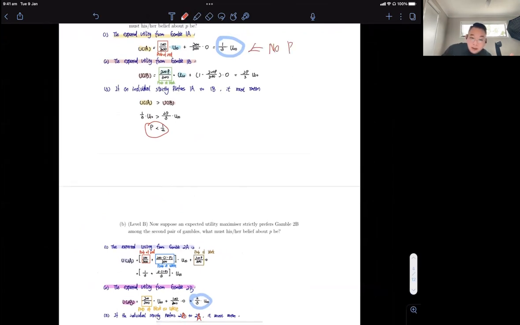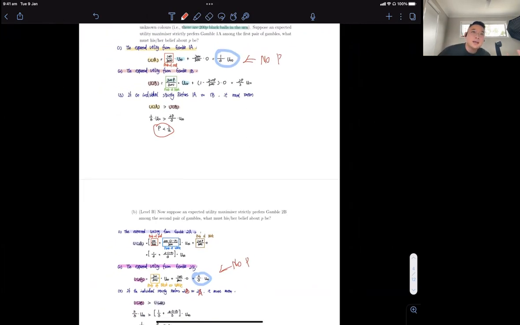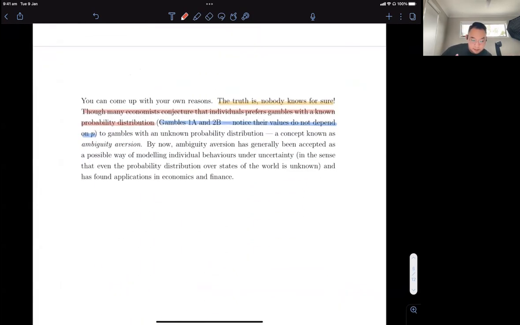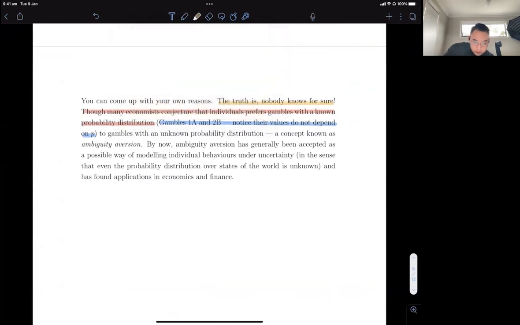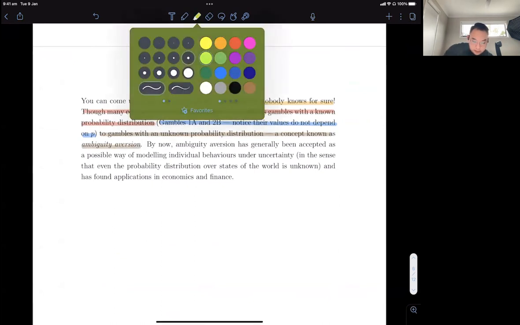No probability of black and white. Probably it is because people prefer certainties over uncertainties, right? So they avoid gambling with an unknown probability distribution, a concept known as ambiguity aversion. So this is one possible solution.